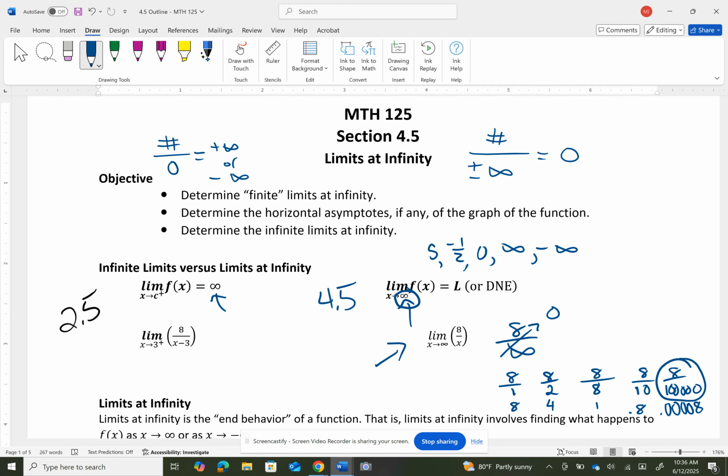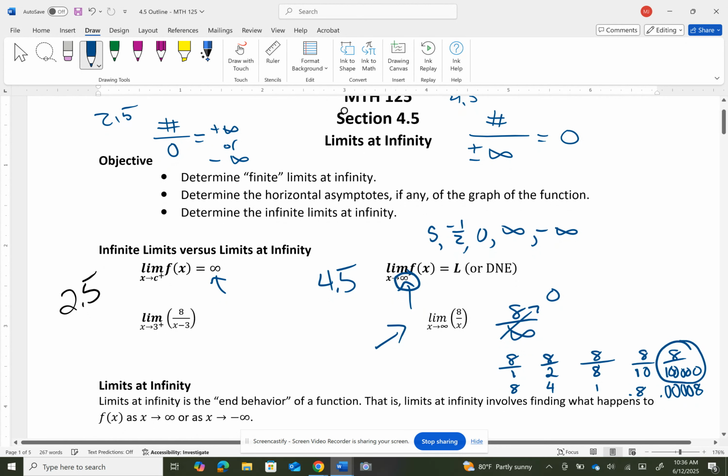That is a 2.5 situation. This right here is part of a 4.5 situation. Now your answers in 4.5 will not always be 0, but that situation is what would come up in a 4.5 situation.